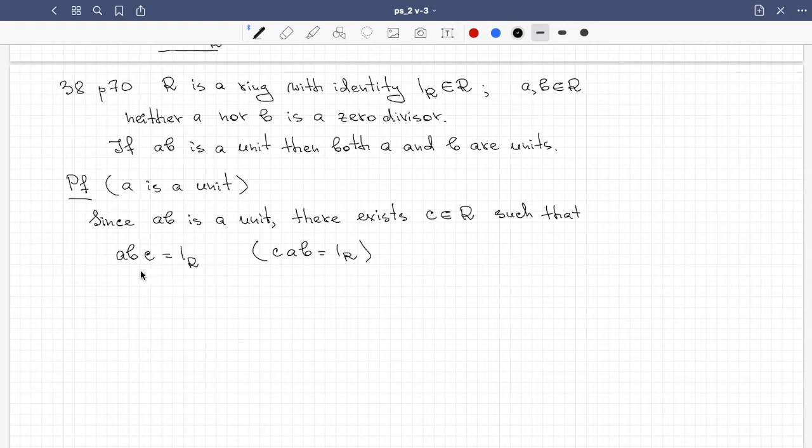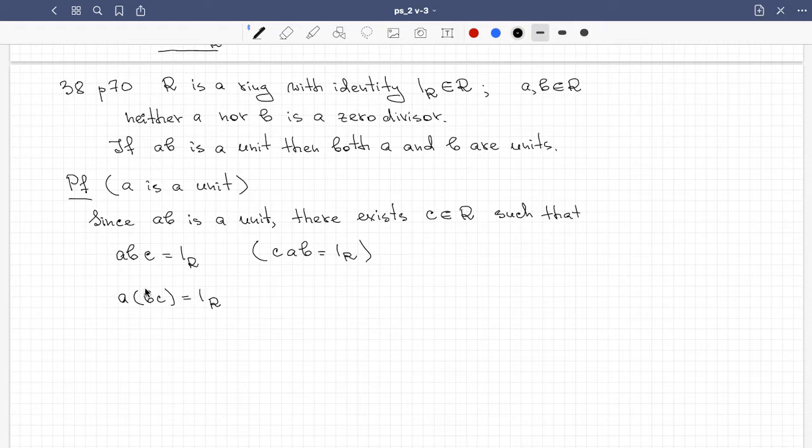So now from here, we immediately get that A times BC is identity. However, that is not the end of the story. The difficulty is not that, of course. We're almost there. There is an inverse.